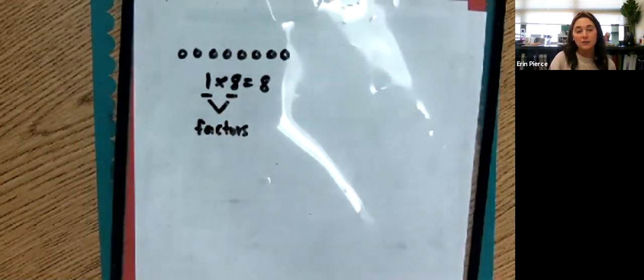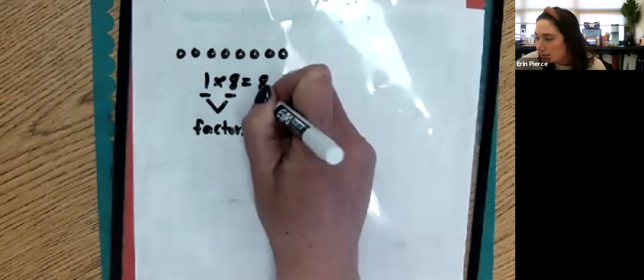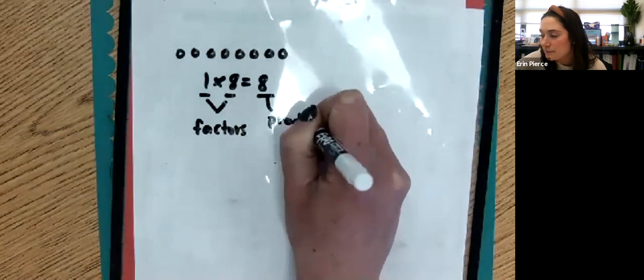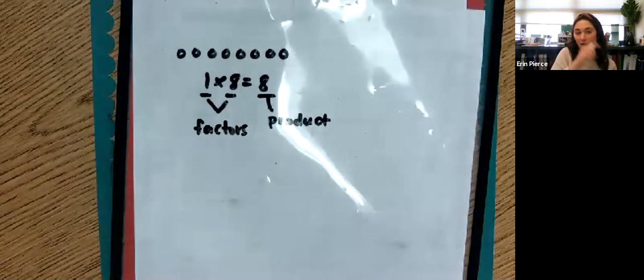Remember, a factor is a number multiplied to another number to give us our product. Our factors are the numbers that we multiply to one another to get our product.